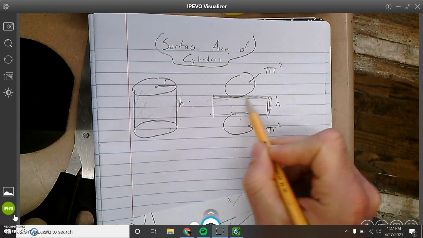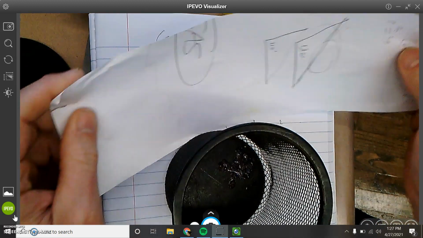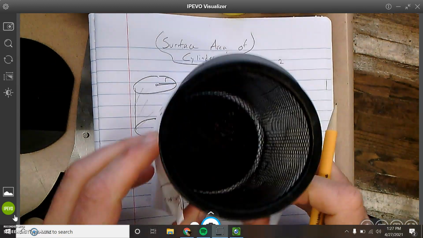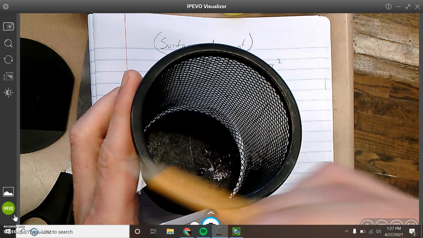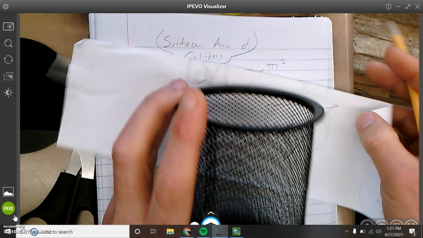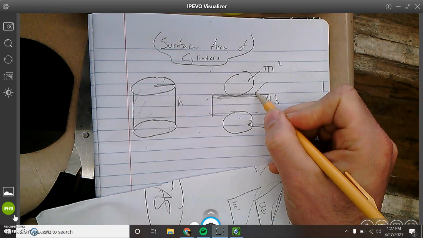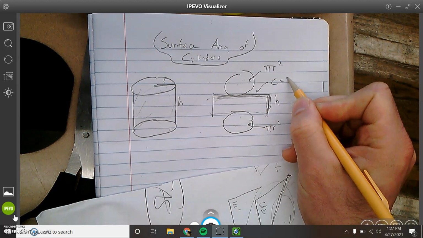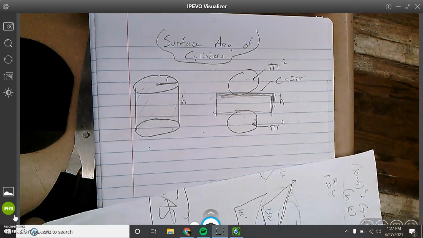The top part here, if you wrap it around, check it, that's the circumference of the circle. All the way around the circle, that's the whole top part. So this wraps around the circle, so that's the circumference. The circumference is 2 pi r, or pi times d. We don't really use that.